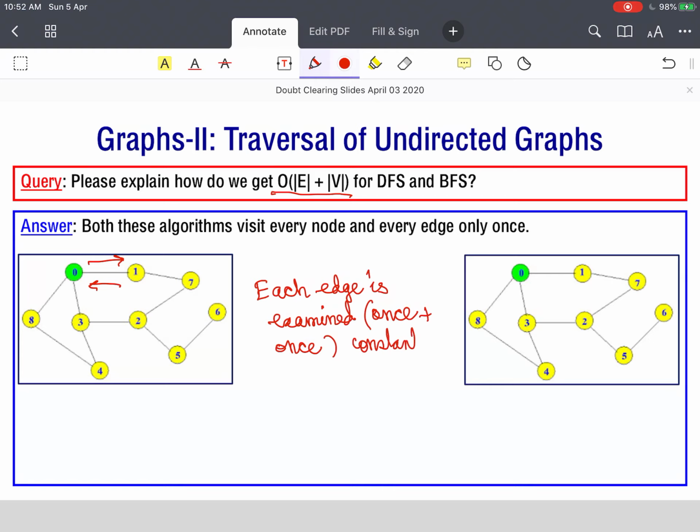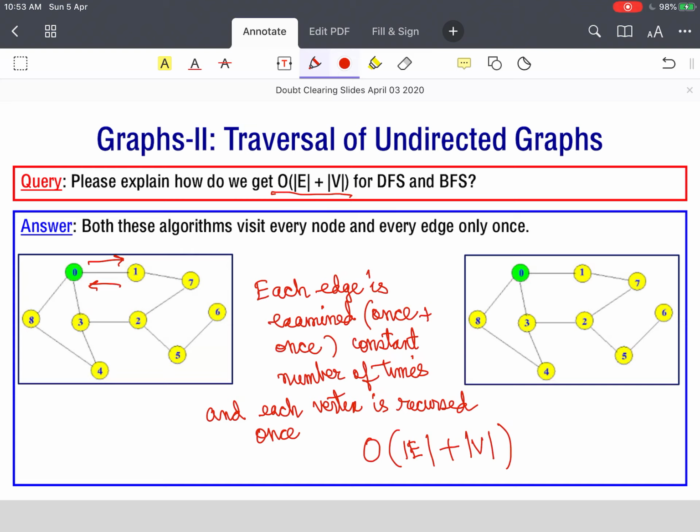So now each edge is examined a constant number of times, and each vertex is recursed once. So based on this, you have order E because a constant number of times an edge is seen, and V because a constant number of times a vertex is seen.